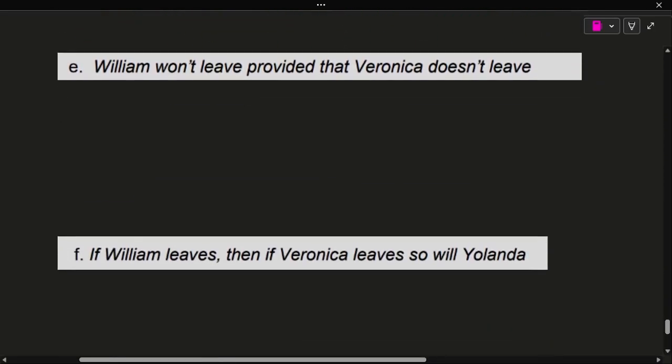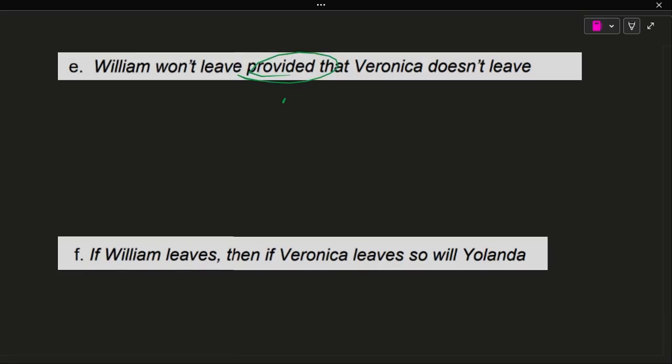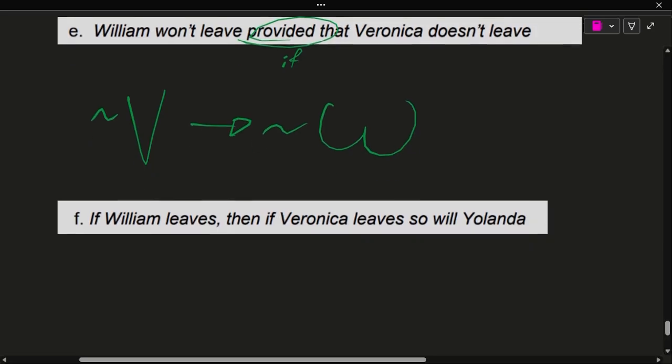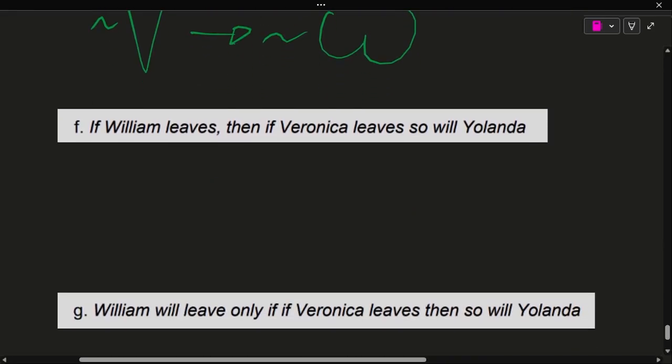In E, William won't leave, provided that Veronica doesn't leave. Provided works in the same way as an if statement. If. So this is pretty simple here. If William leaves, then Veronica leaves. So will Yolanda. If William leaves, then if Veronica leaves, then Yolanda will leave.